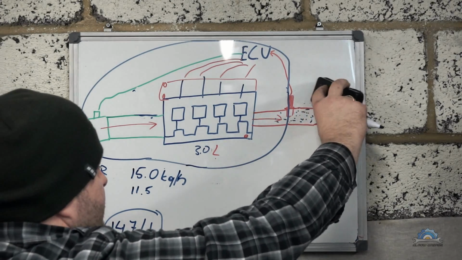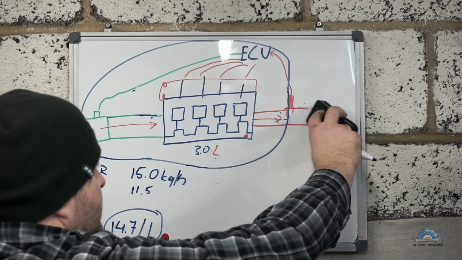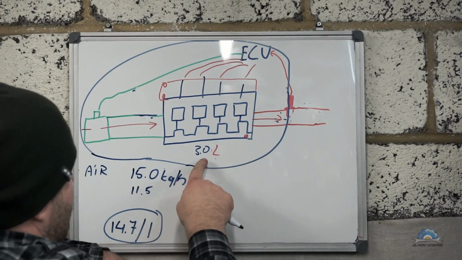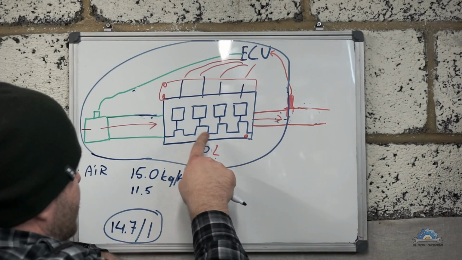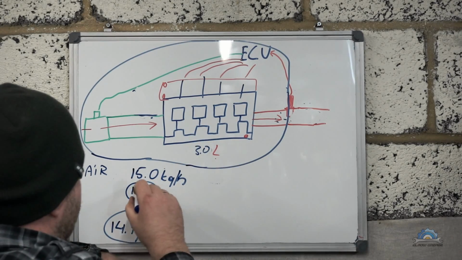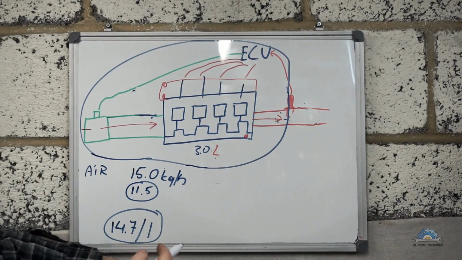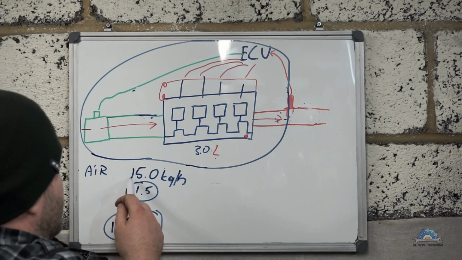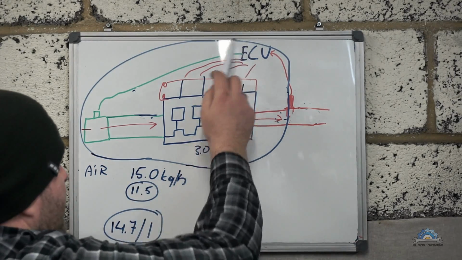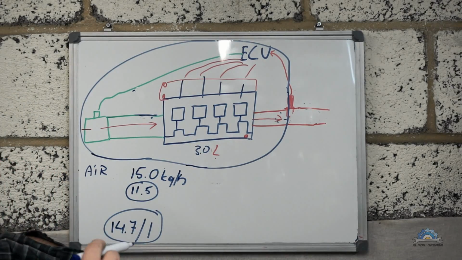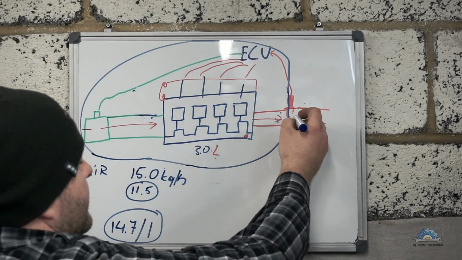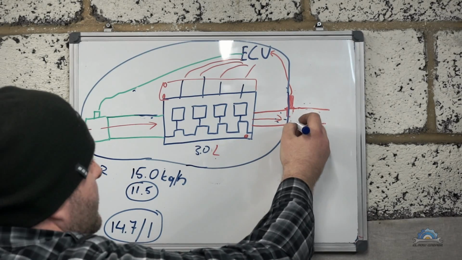Everything is fine, but when the fuel is getting burned, the O2 sensor is sensing something like this. Listen, the amount of air inside the engine is still 11.5 because that's how it was designed. But you're saying there's 15 kilograms of air and the ECU is adding a lot more fuel. So what's gonna happen?